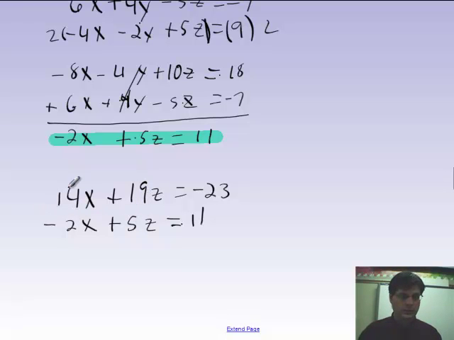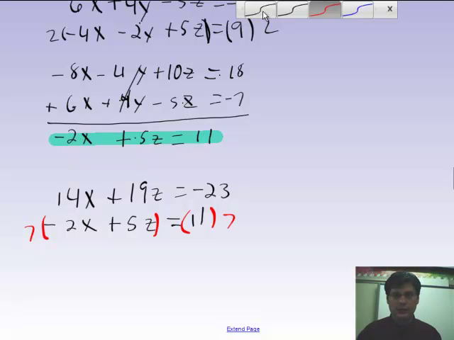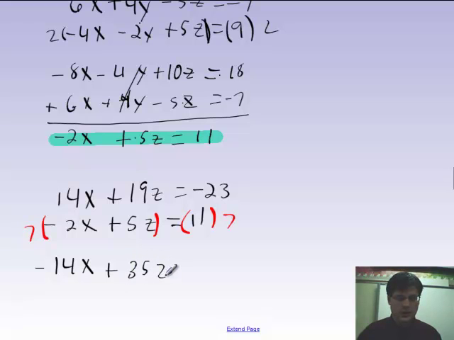So I'm going to go ahead and multiply the bottom equation by 7. So I'll multiply this by 7 here and here, and we will be left with negative 14x plus 35z is equal to 77.